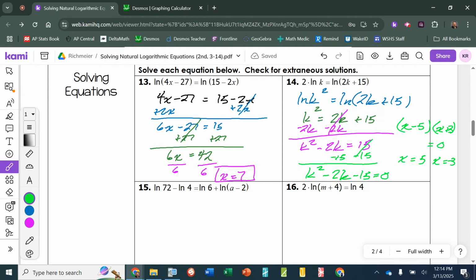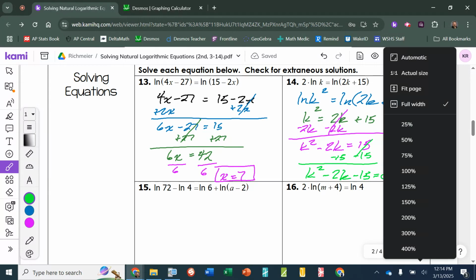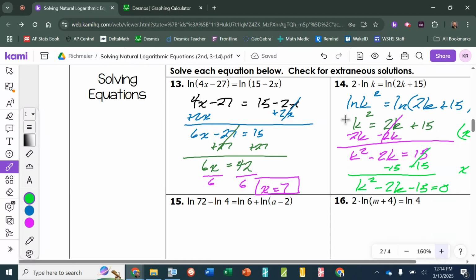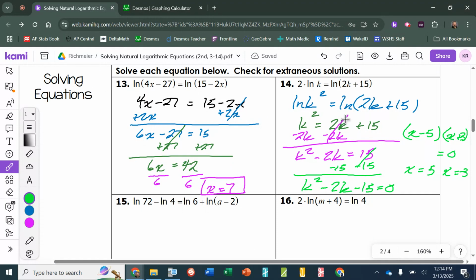Now, I can tell you right offhand, because we always check these back in the original equation, looking at this first logarithm here, negative 3 is not going to work because I'd end up taking the natural log of negative 3. So I'm going to cross that one out. It's not a valid solution.